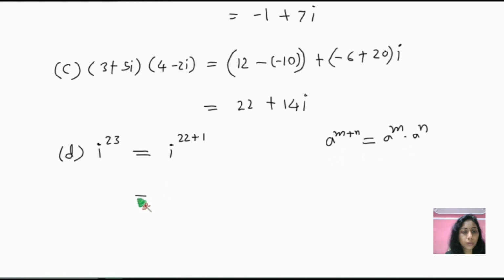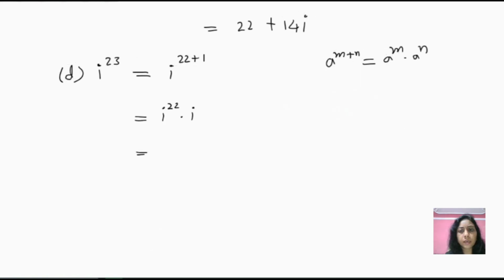So here i to the power 22 multiplied by i. We know that i squared is minus 1, so 22 we can write as 2 times 11, and this i.